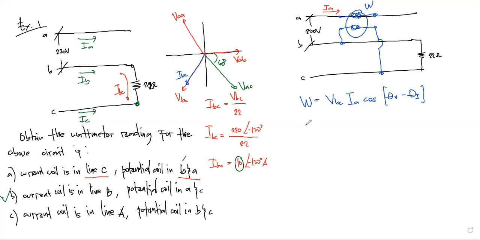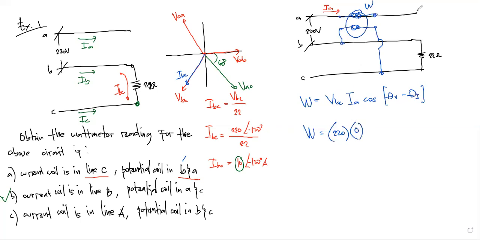So we just say VBC, that's 220. IA, on the other hand, is of course zero.